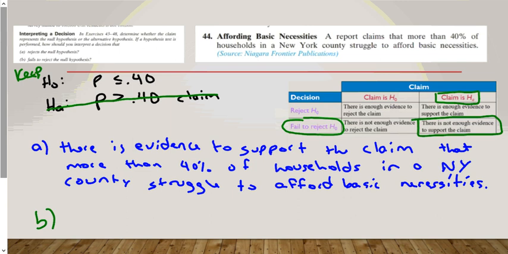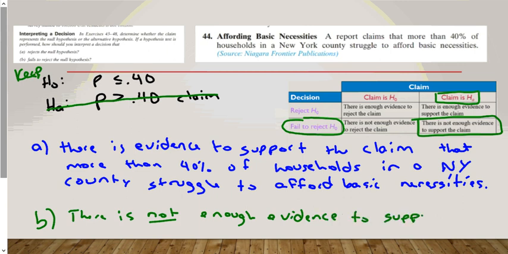Following this language right here, we would say that there is not enough evidence to support the report's claim that more than 40% of households in New York County struggle to afford basic necessities. Okay, so that would be our language for this one.